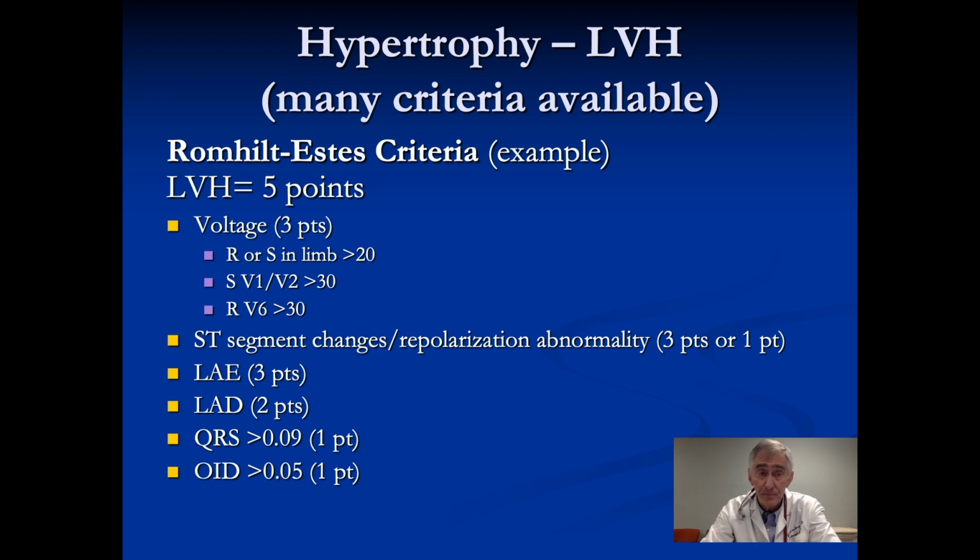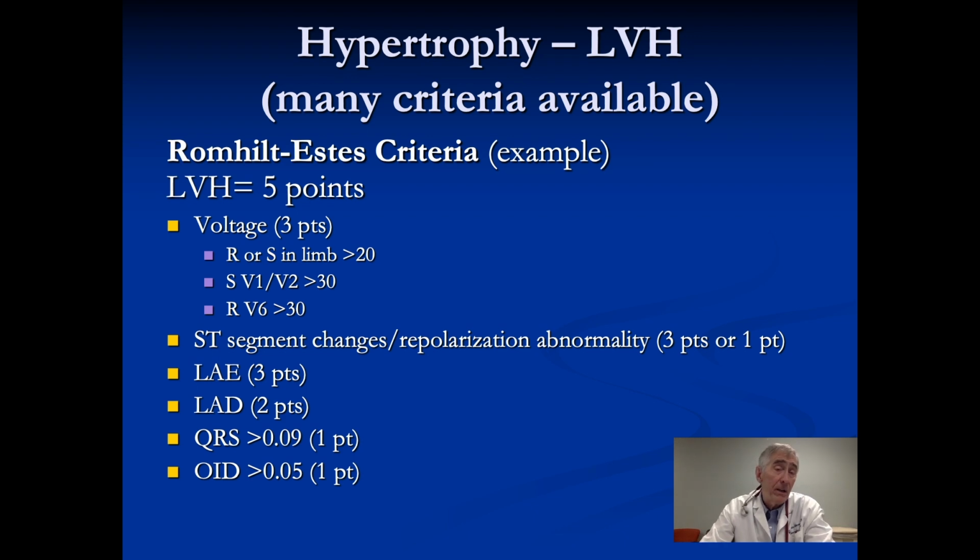Number 1, is there left axis deviation? 2, is there left atrial enlargement? 3, is there a big S wave demonstrating depolarization away from lead V1, hence left ventricular hypertrophy on the left side? And then, are there ST segment changes that suggest hypertrophy? Sometimes we refer to these as a repolarization abnormality or strain.